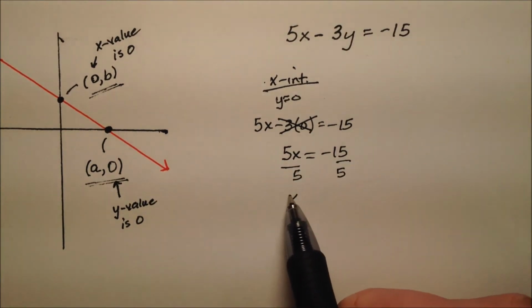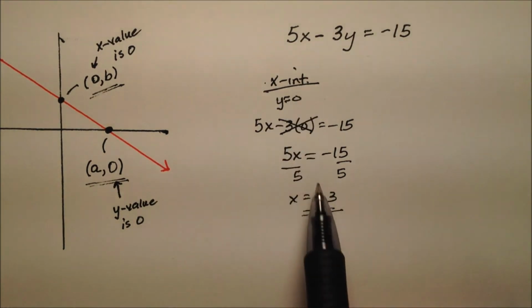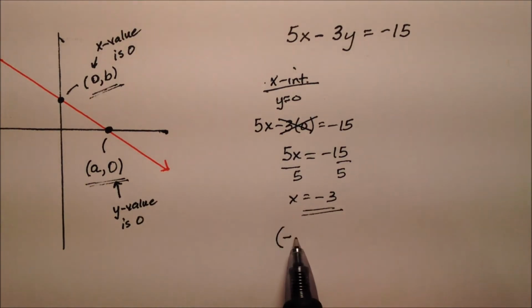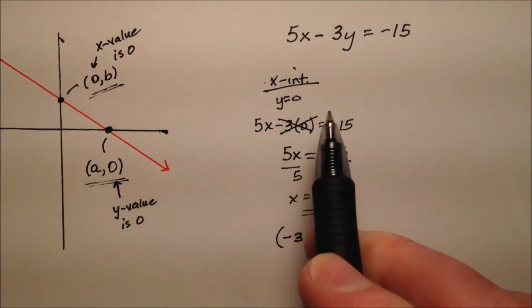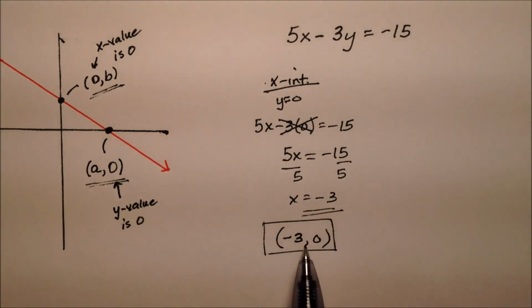Well, I can divide both sides by 5, and I see that x equals negative 3. The x-intercept is an ordered pair, so I'm going to write it as such, where my x value was negative 3 and my y value was 0. So the first of these intercepts is going to be (negative 3, 0).